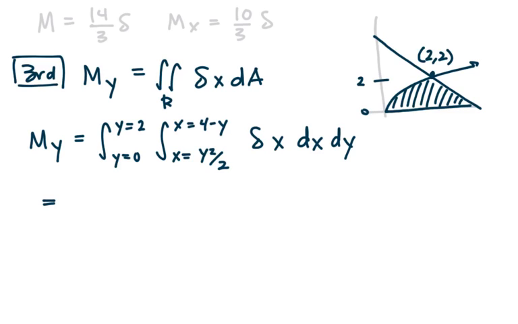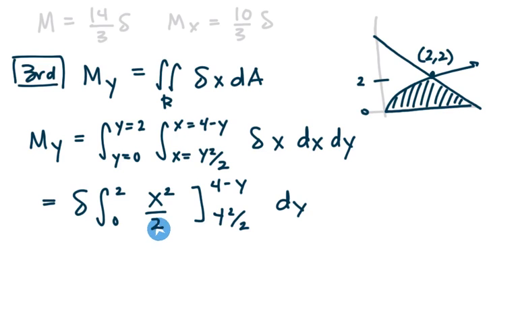And I'll go ahead and pull my delta out in front as I know it's a constant. So I've got 0 to 2. I need to integrate x with respect to x, which is x squared over 2, between the bounds of 4 minus y and y squared over 2.